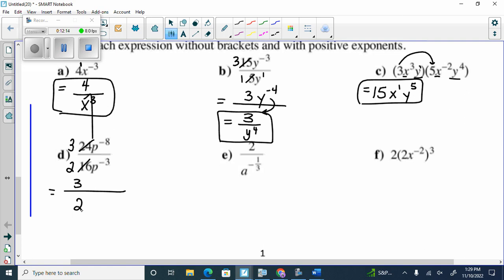So I go negative 8 minus a negative 3. What does that get me? Negative 8 minus a negative 3 is negative 8 plus 3, which is negative 5. And then it drops to the bottom. So I get 3 over 2 p to the 5.